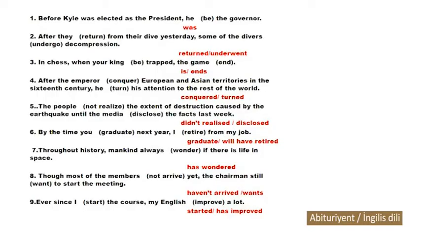He was the governor. The second sentence, after they to return from their dive yesterday. Do you see there, yesterday? If it is yesterday, our mind immediately goes to the past form. And the verb in the bracket will be used, of course, in the past.